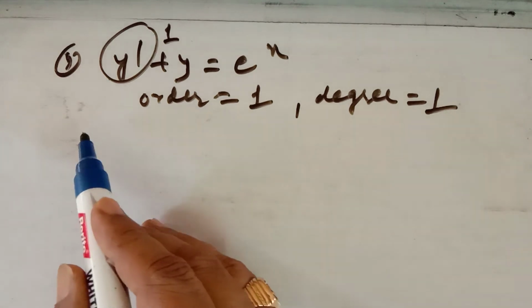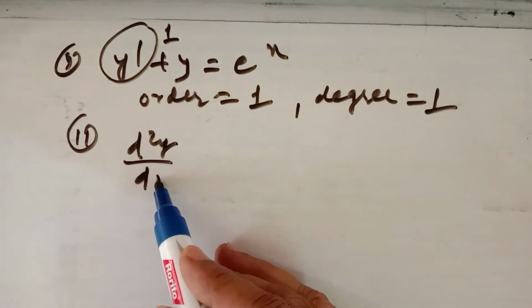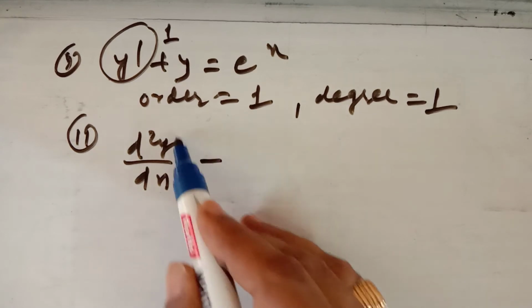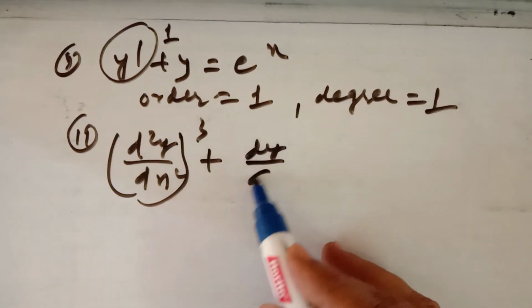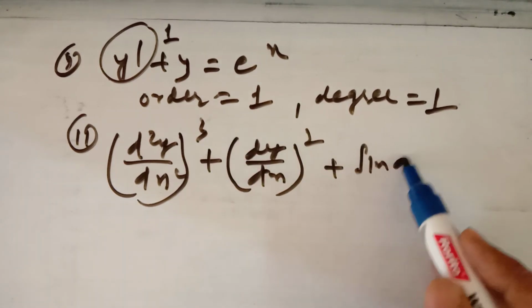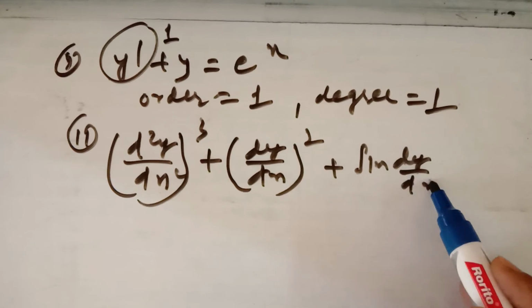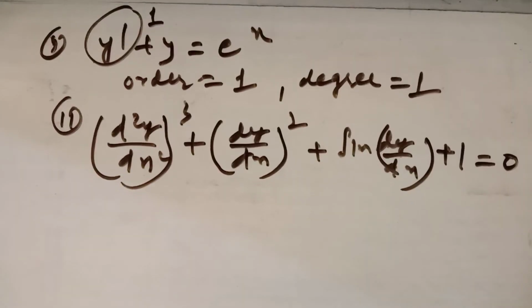Let us take the 11th, in which we have the whole cube of the second derivative plus the whole square of the first derivative plus sine of dy/dx plus 1 equal to 0.